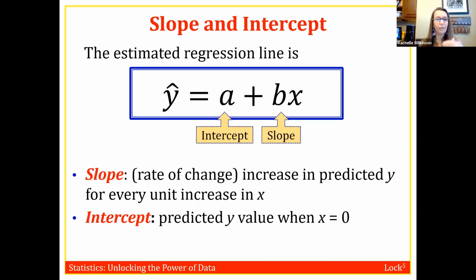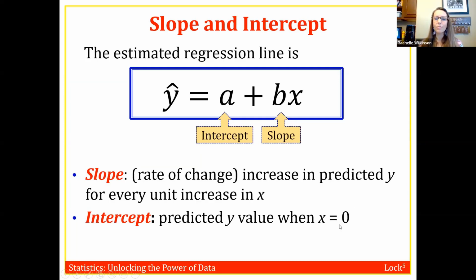It's going to say, hey, for every 1 inch increase in your height, we expect your weight to go up by 6 pounds. So it's going to give us a quantification for that relationship. So slope is awesome. We love the slope. Intercept, on the other hand, is only sometimes going to make sense in the context of the problem. And it's basically only going to make sense in the context of the problem if having x equaling 0 makes sense.